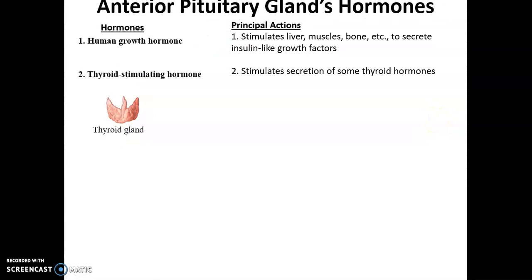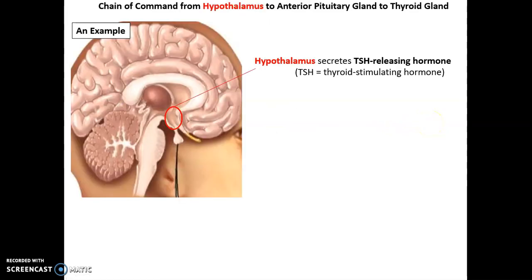Second is the thyroid stimulating hormone. As the name implies, it stimulates the secretion of thyroid hormones by the thyroid gland. The thyroid gland, as you know, is found in the neck area. So here is an example of how those tropic hormones function.